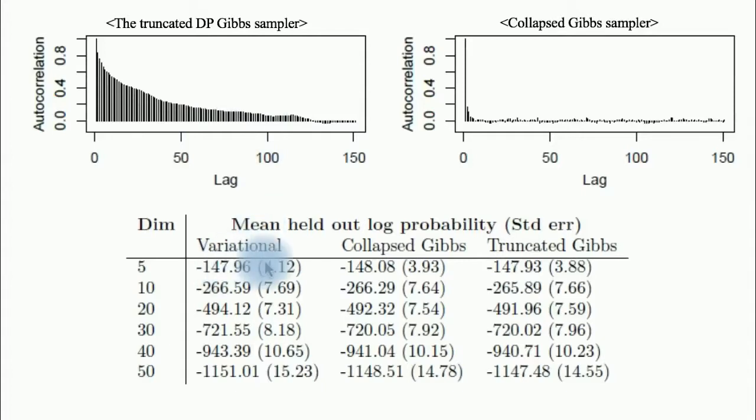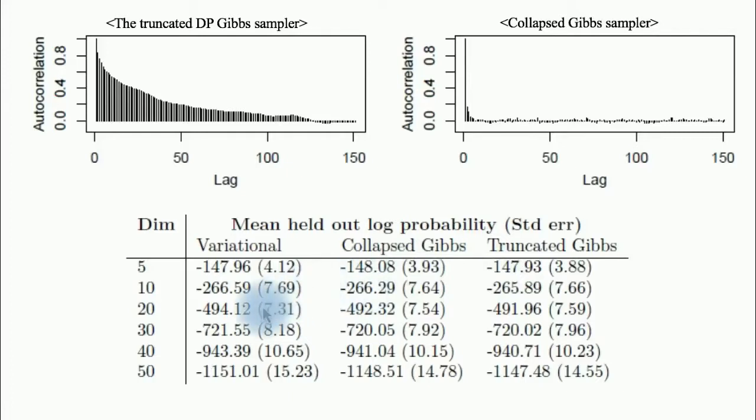The table illustrates the average log likelihood assigned to the held-out data by the approximate predictive distribution. The predictive distribution based on the variational posterior assigned a smaller score than those based on samples from the true posterior.